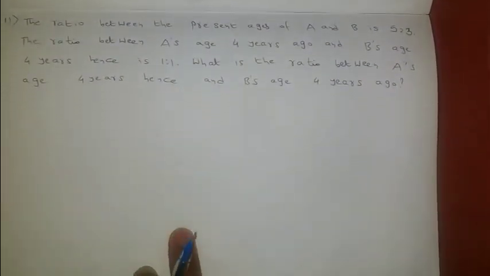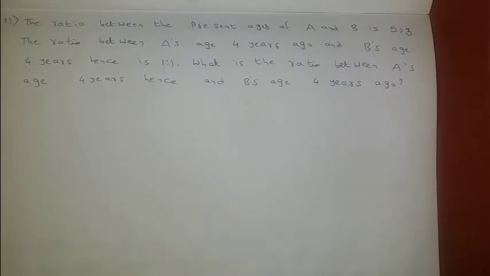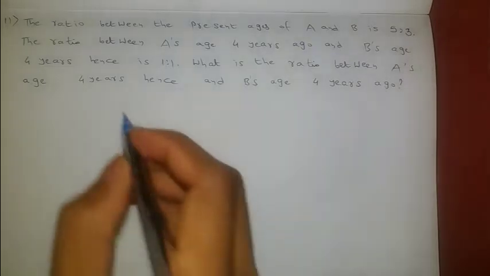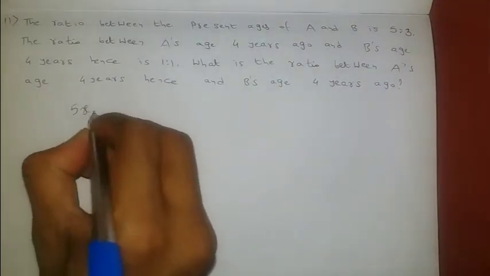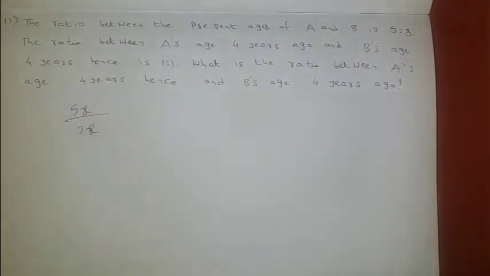The question is, the ratio between the present ages of A and B is 5:3, nothing but 5x by 3x.